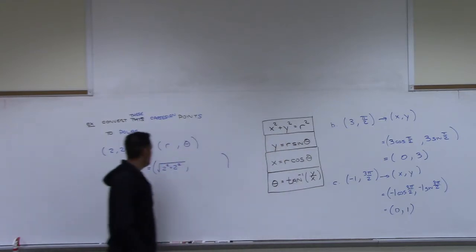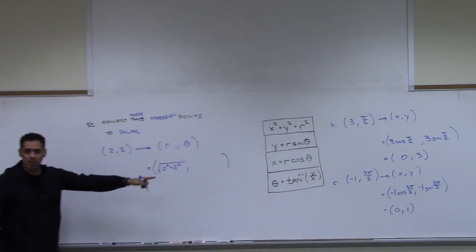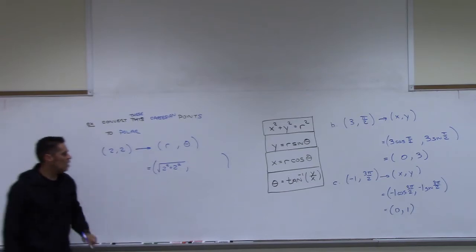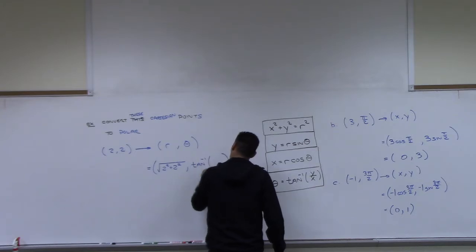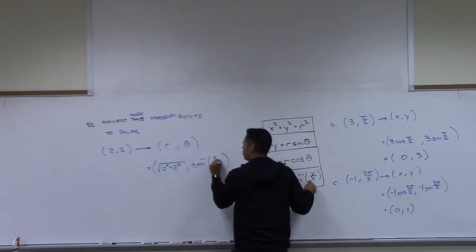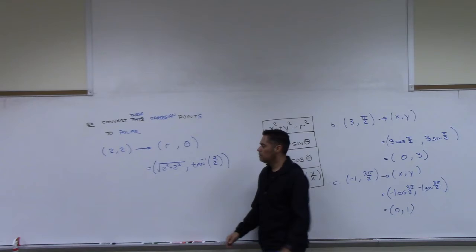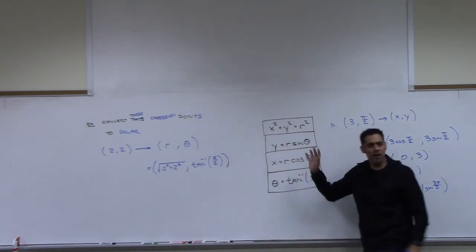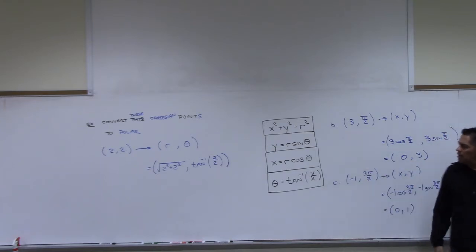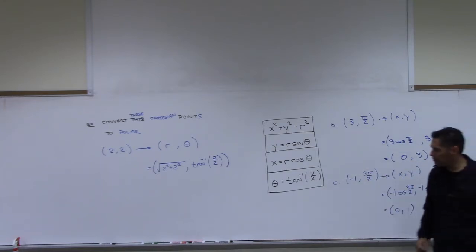Good. And then I need to get theta. We have a formula for theta, don't we? It's arctangent of y over x, which is 2 over 2. Everyone follow what I'm doing here? All right, what is that first one? Root what?